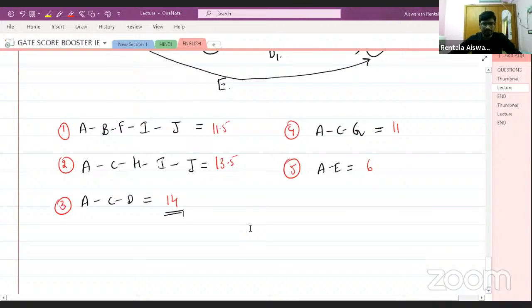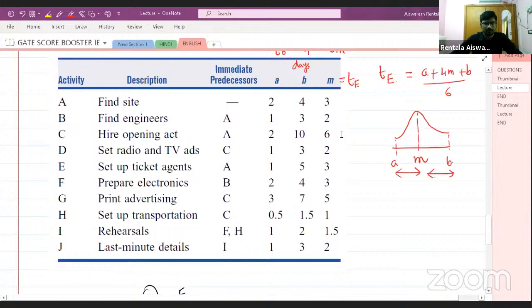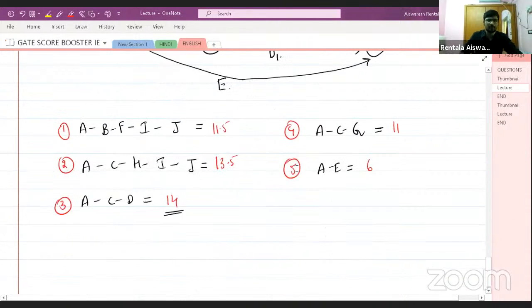Acha, 11, 14, it is reverse. ACD, let me see. Right, this only. Now is it okay? I have changed it. Now please confirm.